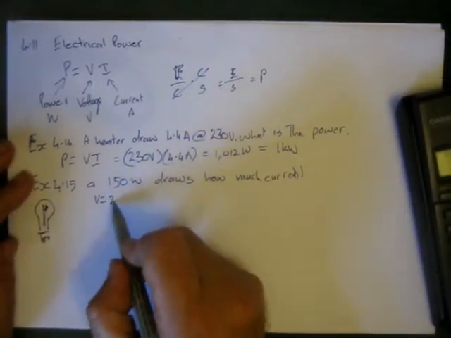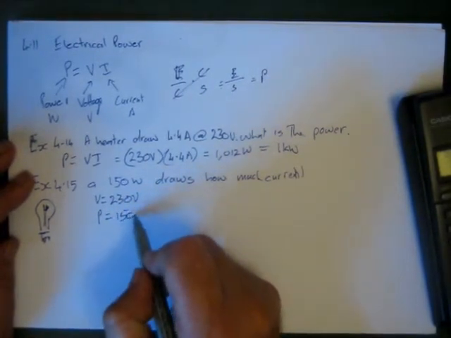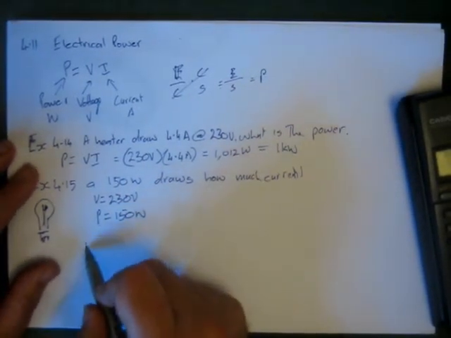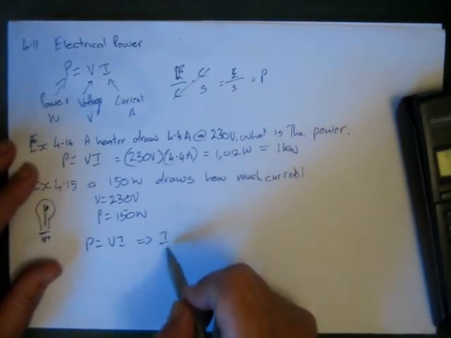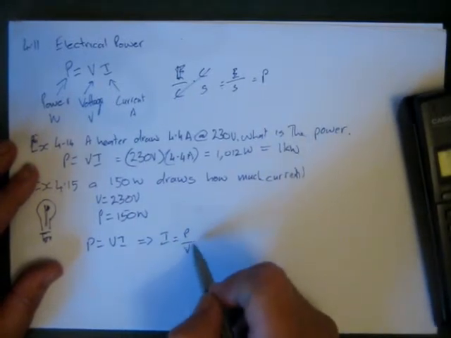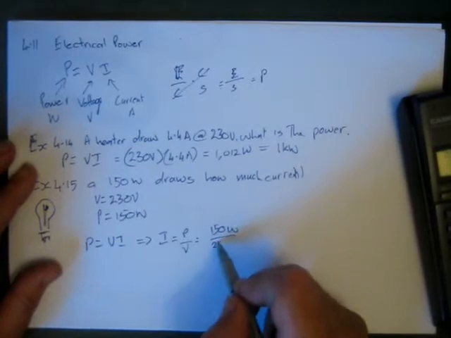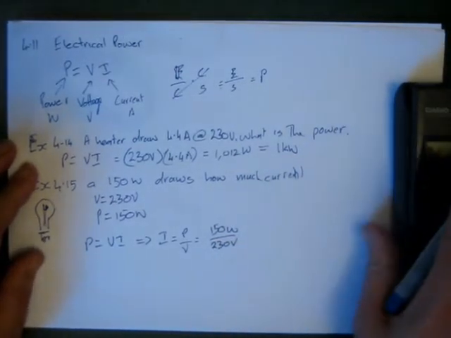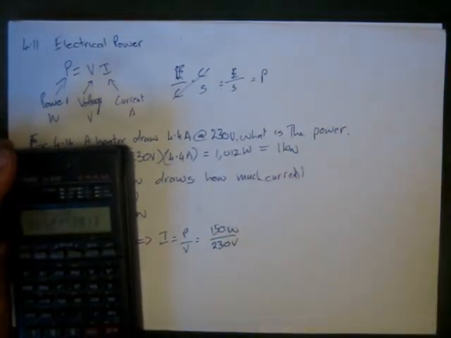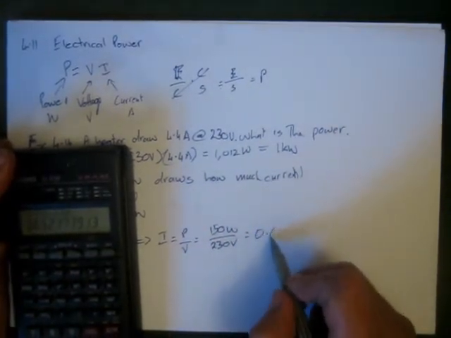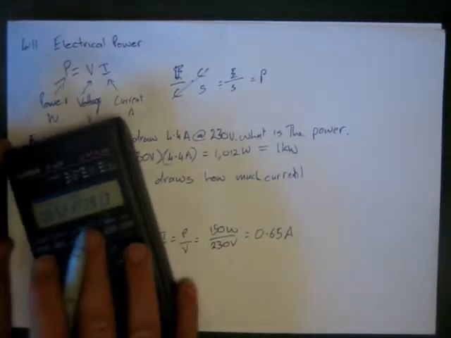Voltage equals 230 volts because we're in New Zealand. Power equals 150 watts. So P equals VI. Rearrange that for I is equal to P over V, which is equal to 150 watts over 230 volts. So 150 divided by 230 equals 0.65 amps. That sounds reasonable.